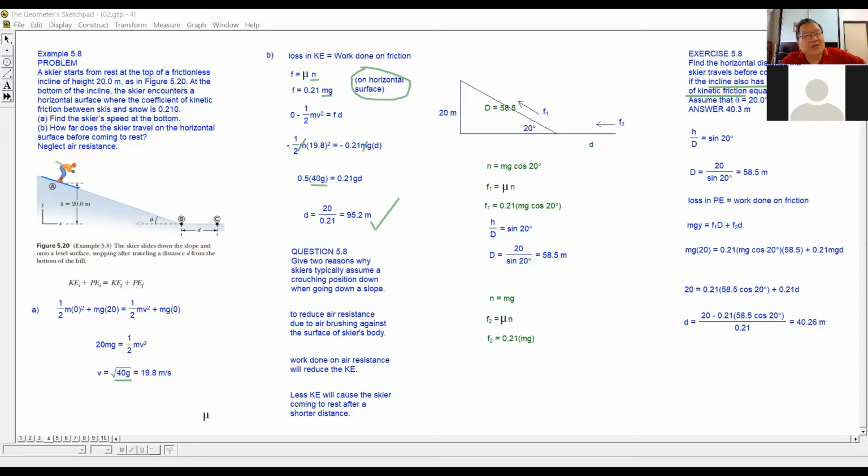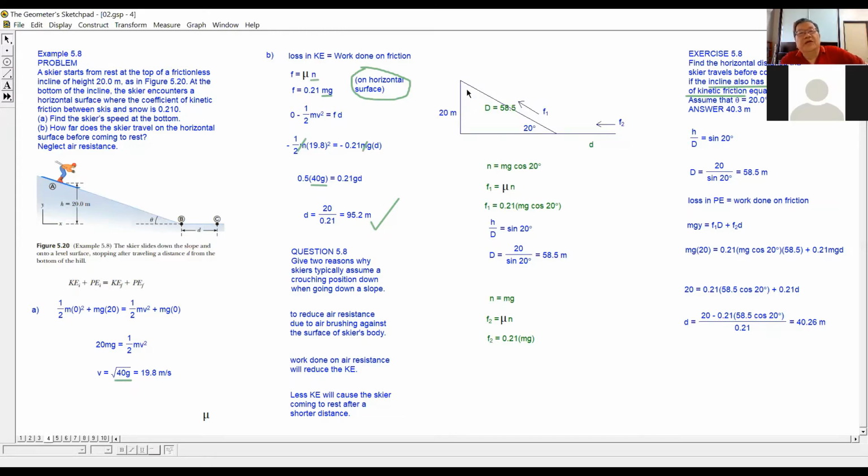If it has friction, the velocity at the bottom will be less, then the horizontal distance traveled will also be shorter. So I draw a new diagram to show the situation in the second case.